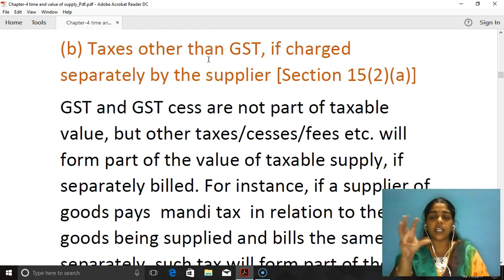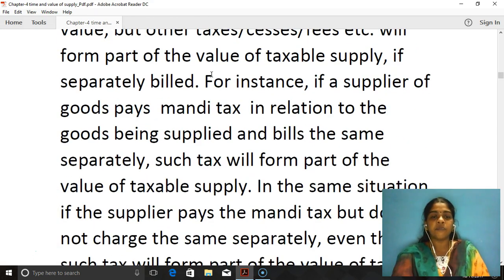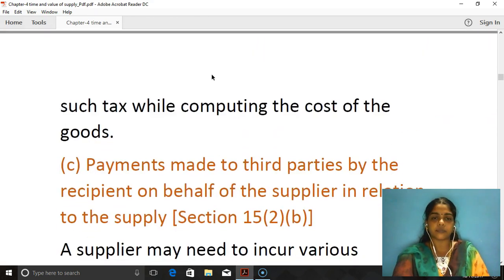So that is one particular industry which is being heavily affected by this particular clause, because they have to pay royalty to the government, various kinds of charges to the government, taxes to the government other than GST. So sand mining industry, granite mining industry, that kind of mining industry would be heavily affected by this clause because they have a lot of taxes other than GST, and all those taxes would be included in the transaction value.